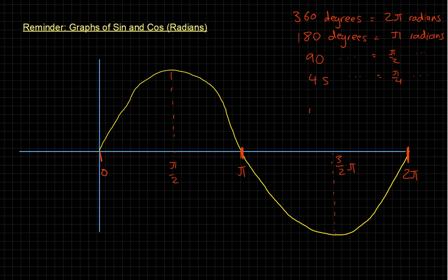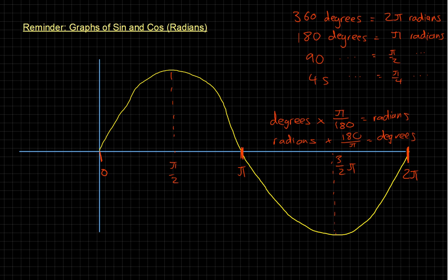So if you've got something in degrees, to turn it into radians, you're just going to multiply by pi over 180, and that gives me radians. Or likewise, if I have radians, I can multiply by 180 over pi, and I've got degrees.